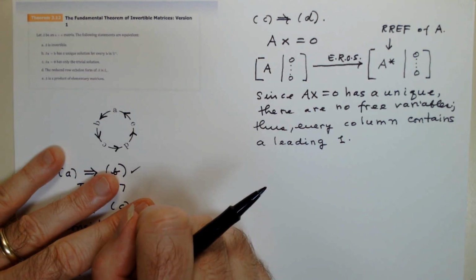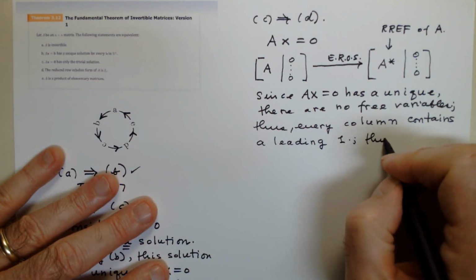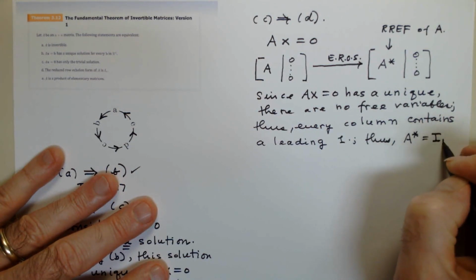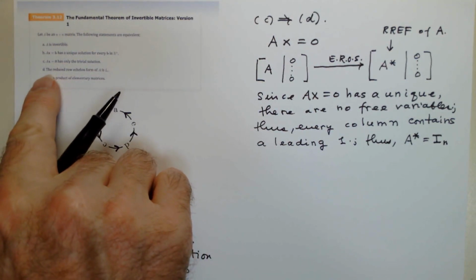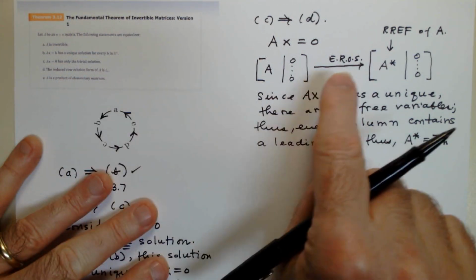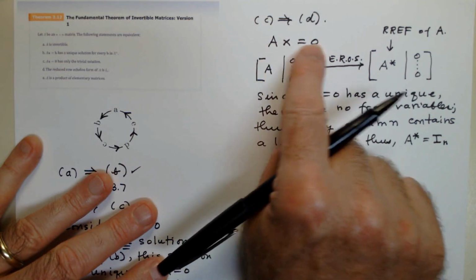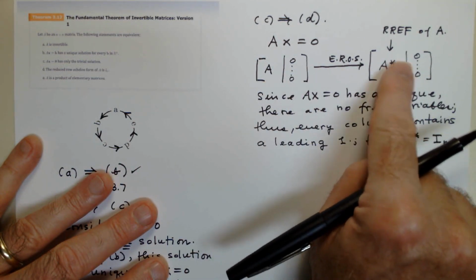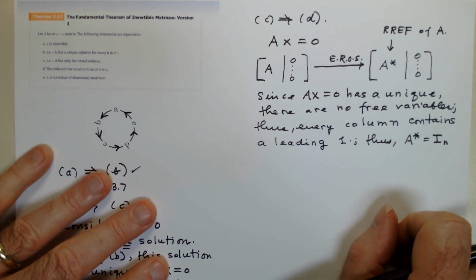Every row contains a leading one, and that forces A star to be the n by n identity matrix. Okay? And that's what we were trying to show in part D. So the uniqueness of this solution to this homogeneous equation is completely equivalent to this reduced row echelon form of A being the n by n identity matrix.